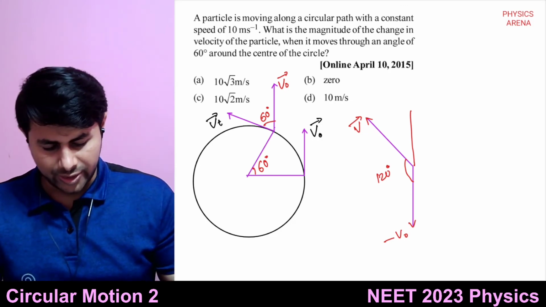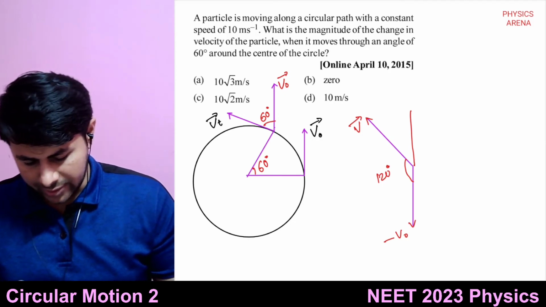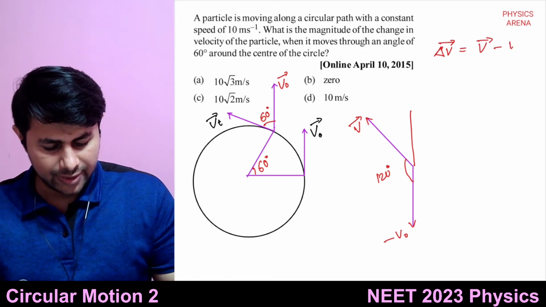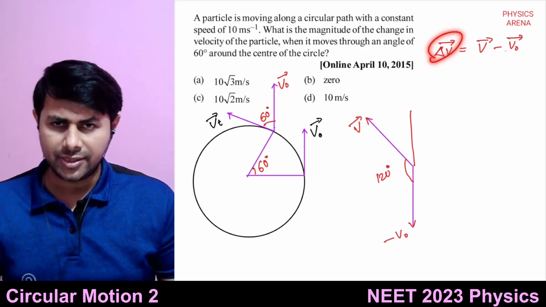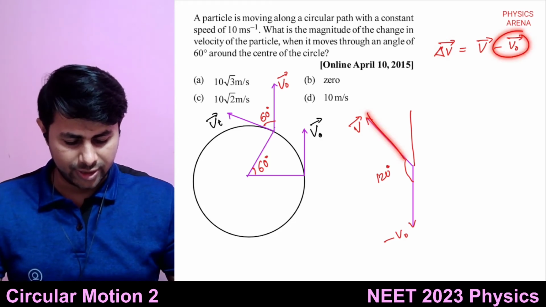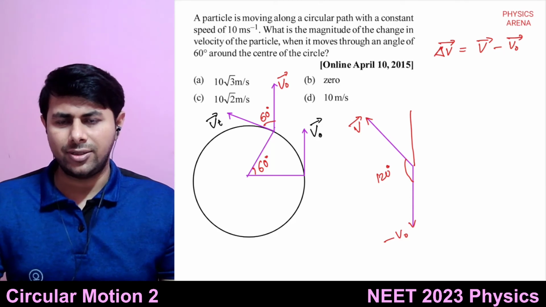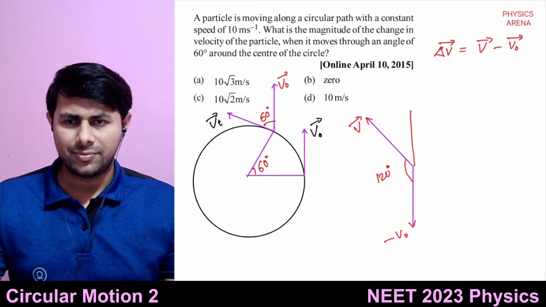So what is delta V bar, the change in velocity? It is V bar minus V0 bar, that is V bar plus minus V0 bar. So this vector plus this vector. How can you find the magnitude? You have the parallelogram law.